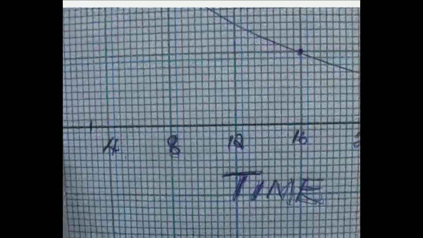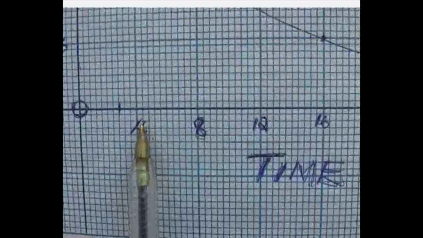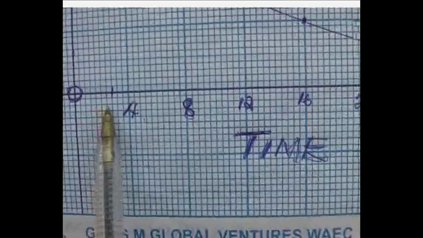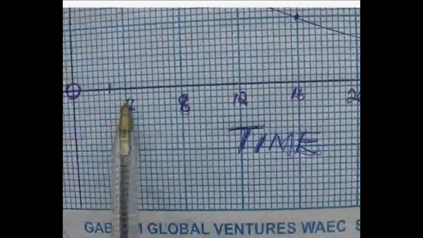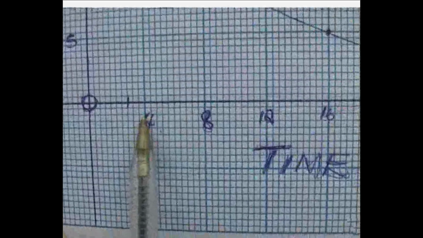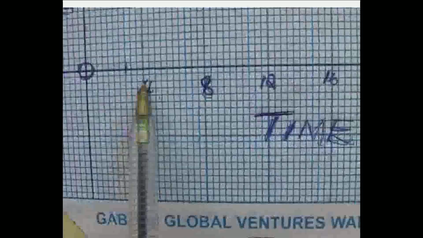This is 0. Remember, from here to here is 4. And there are 10 small squares in between the 4. That means one of the small squares is 4 divided by 10, and 4 divided by 10 is 0.4.